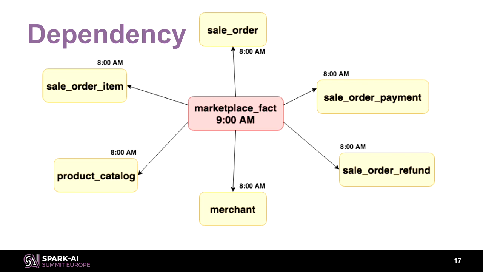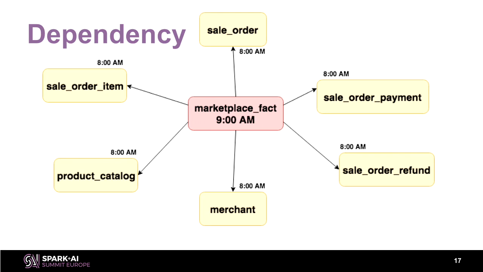What we want to ascertain is that if this job is going to be triggered at 9 a.m., then it should have its dependent tables. Let's say it depends on sale, order, payment, refund, merchant, etc. It expects data up till at least 8 a.m. for each of these tables to be available in Data Lake. It needs that guarantee that yes, it is available, and only then will it get triggered. Otherwise, it waits for another 15 minutes or half an hour, whatever the configured delay time is.